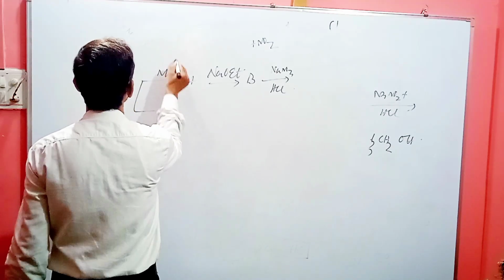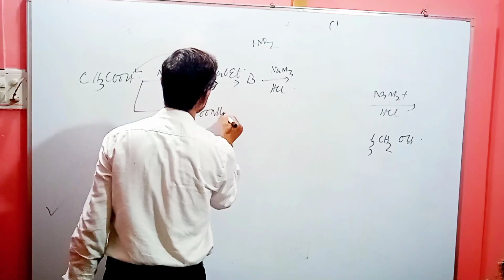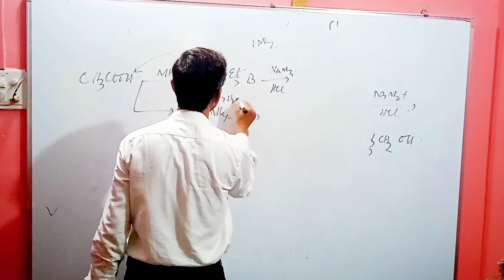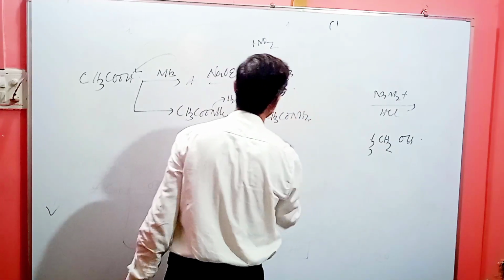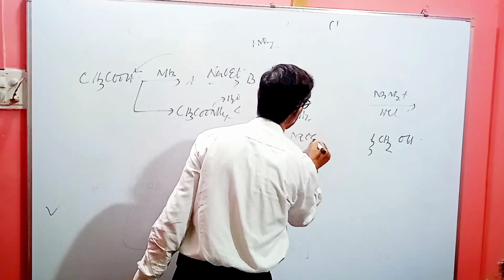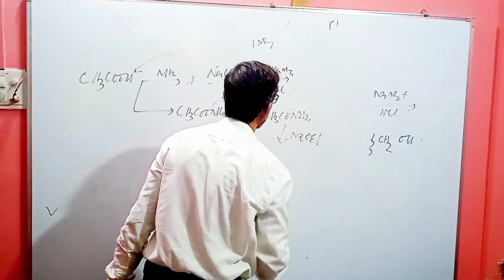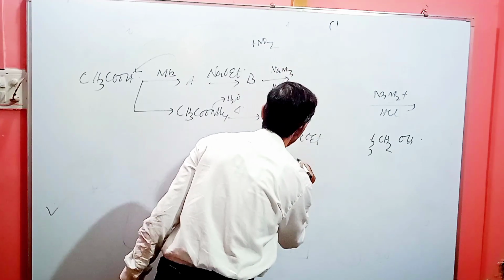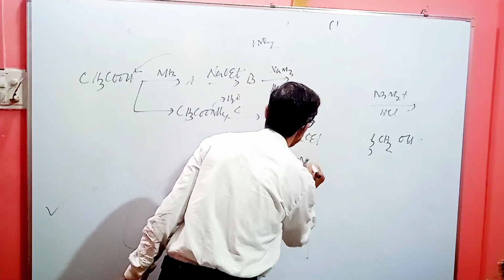In carboxylic acid groups, you get CH3COONH4, and if it is heated, a water molecule is released. You are getting CH3CONH2. Am I right? Then with sodium, again the amide group becomes amine.